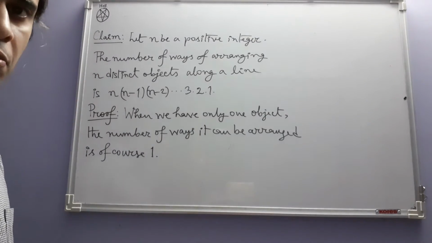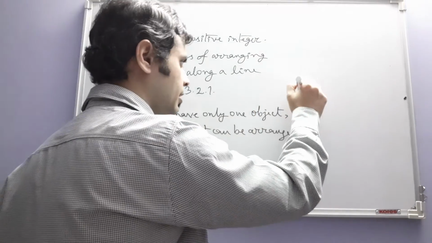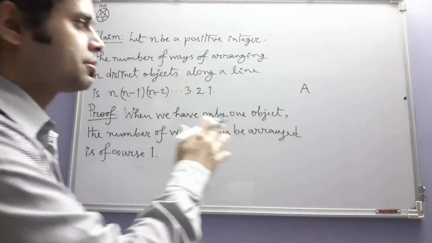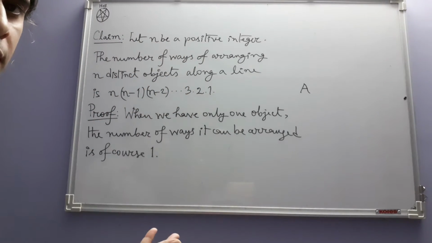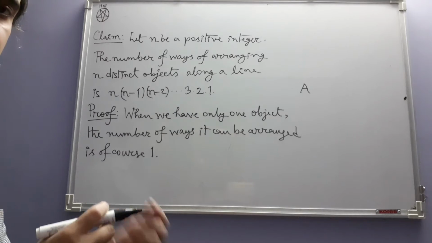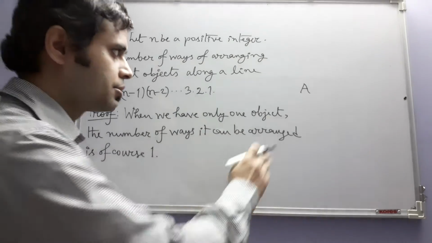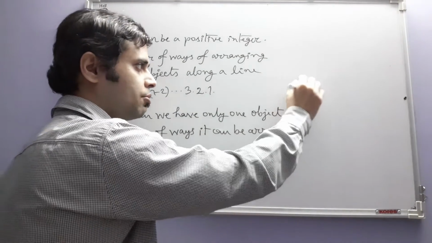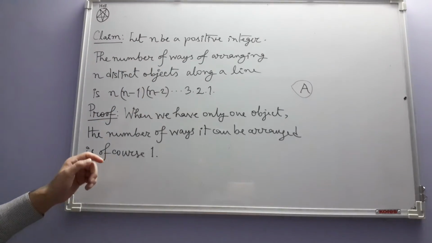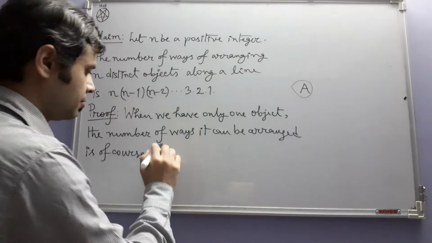If you have only one object, say a letter A, then this is the only possible way of arranging it along a line. In fact, it's just like a point. Since you don't have anything else, this is the only arrangement.